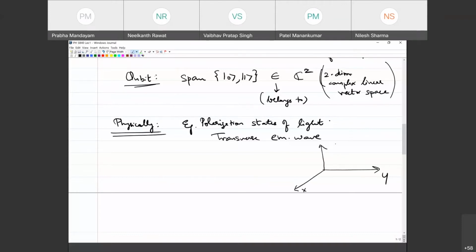And the polarization vector, which could be the electric or the magnetic field, let me just call this a P vector for now. This polarization vector must exist in the xz plane. Now this plane is described by exactly two perpendicular directions, right? The X and the Z. So I can think of X polarization as so-called horizontal polarization.